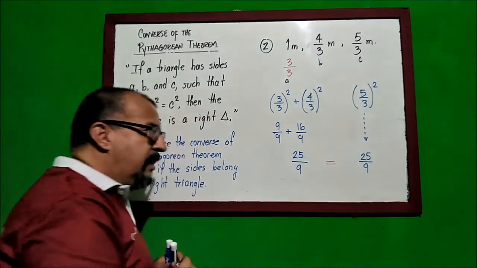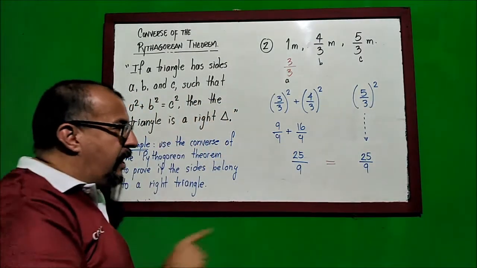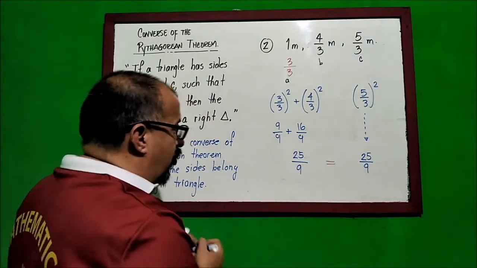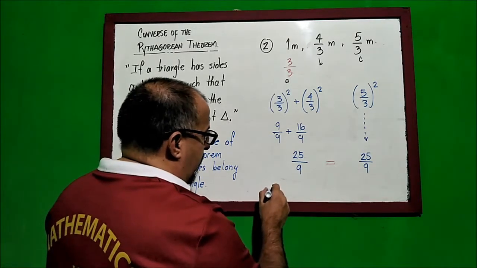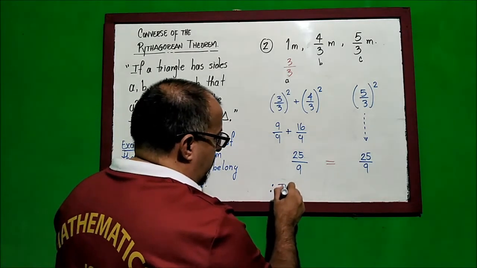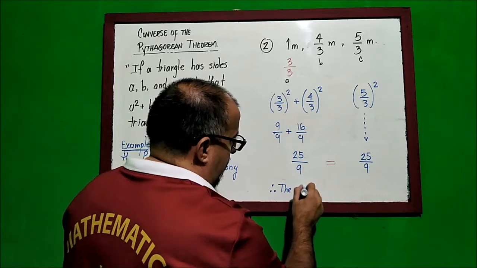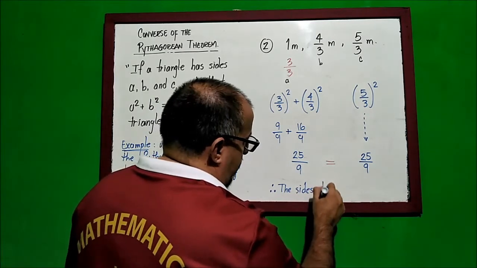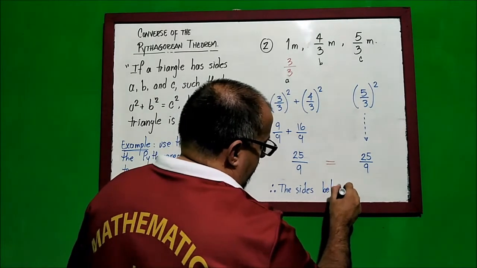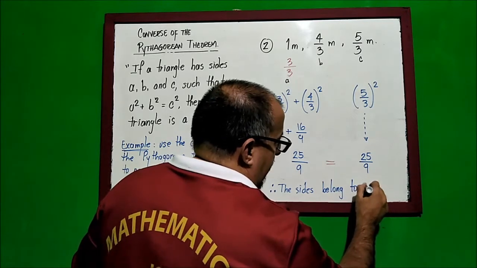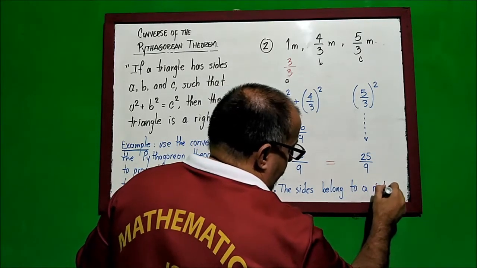So in this case, since they are equal, the conclusion is that the sides belong to a right triangle.